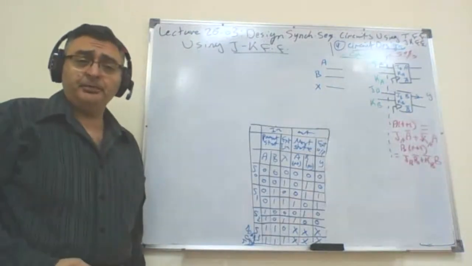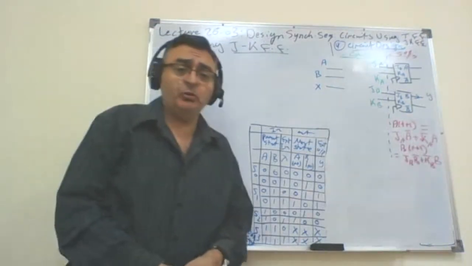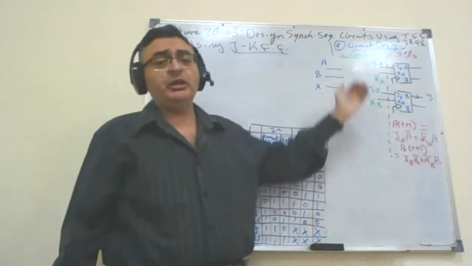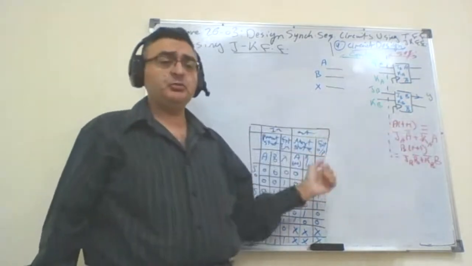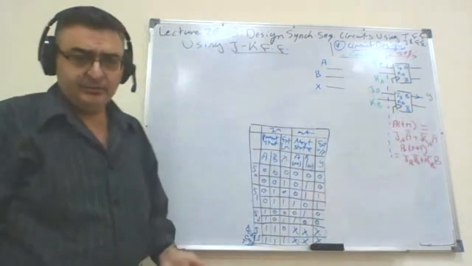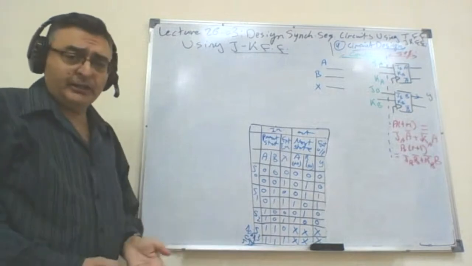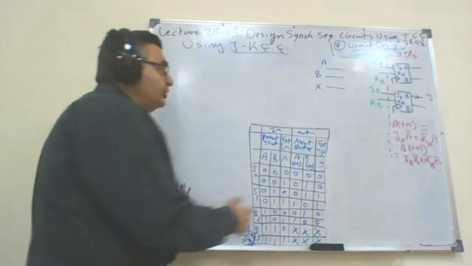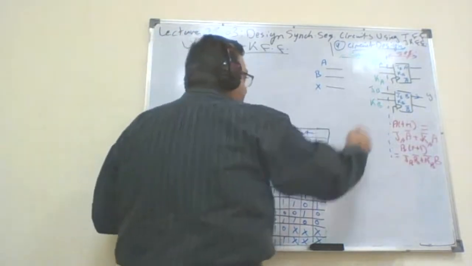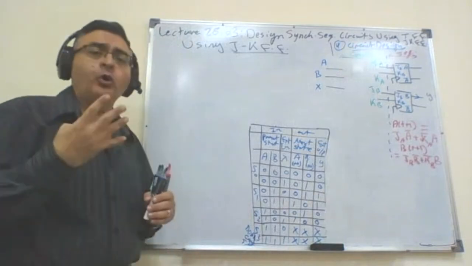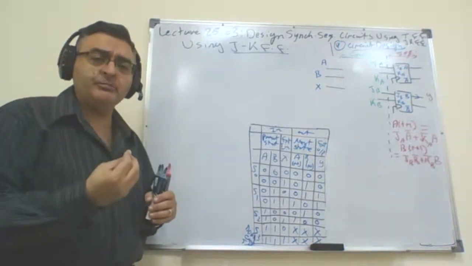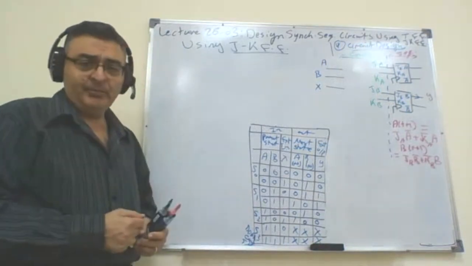In the D flip-flop, the case was simple because A of t plus 1 equals DA, B of t plus 1 equals DB, and that's it. But right now I cannot do that. Actually, in order to design this circuit, I need 4 new columns in my TT.